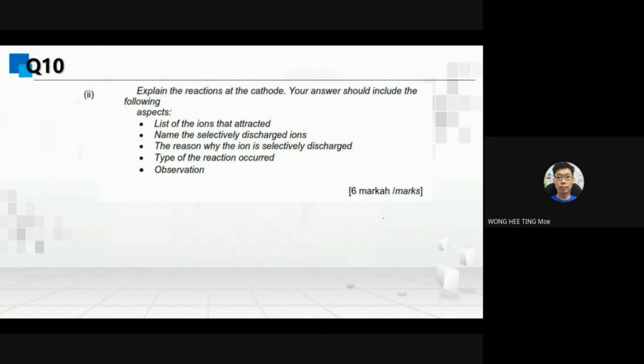Okay, now explain the reaction at the cathode. Your answer should include the following aspects: list of ions attracted, the selectively discharged ions, the reason why the ions are selectively discharged, type of reaction, and observation. So I'll let you try these points.